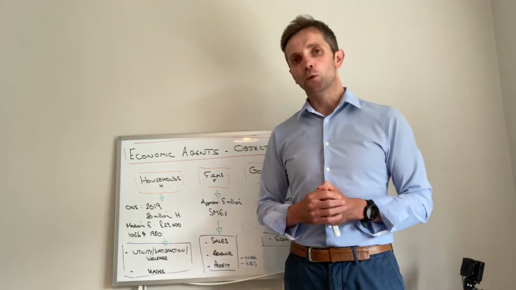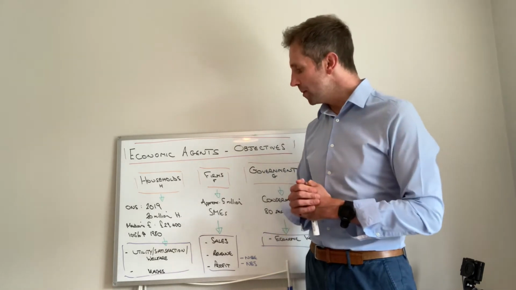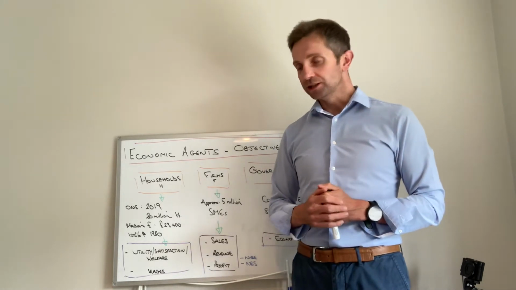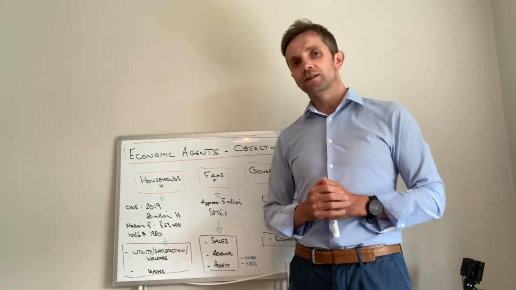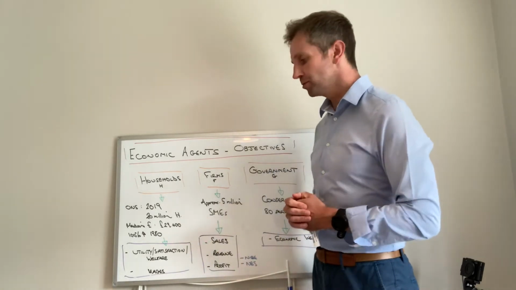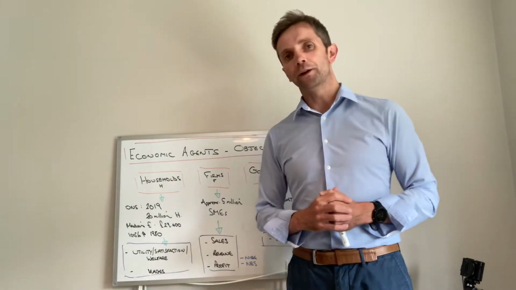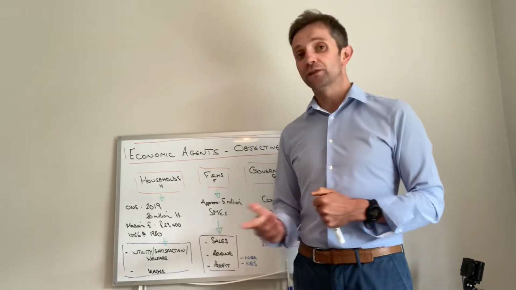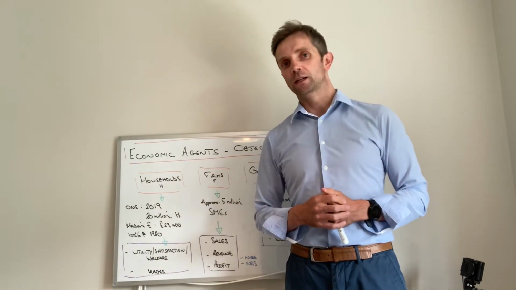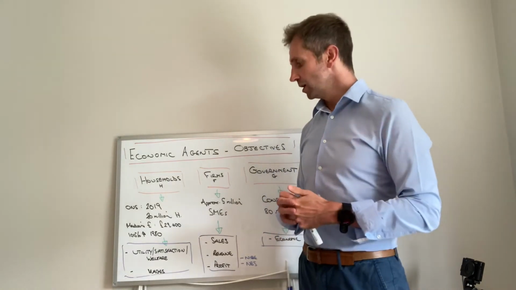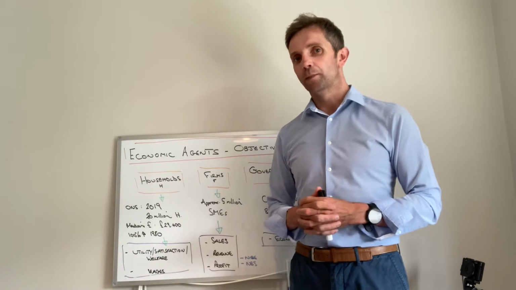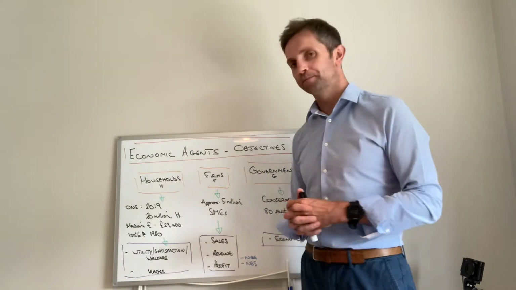And the median income, again in 2019, was £29,400. Now, by way of context, that's about 100% more than it was 40 years ago in 1980. So it's taken all that time to double the median wage.